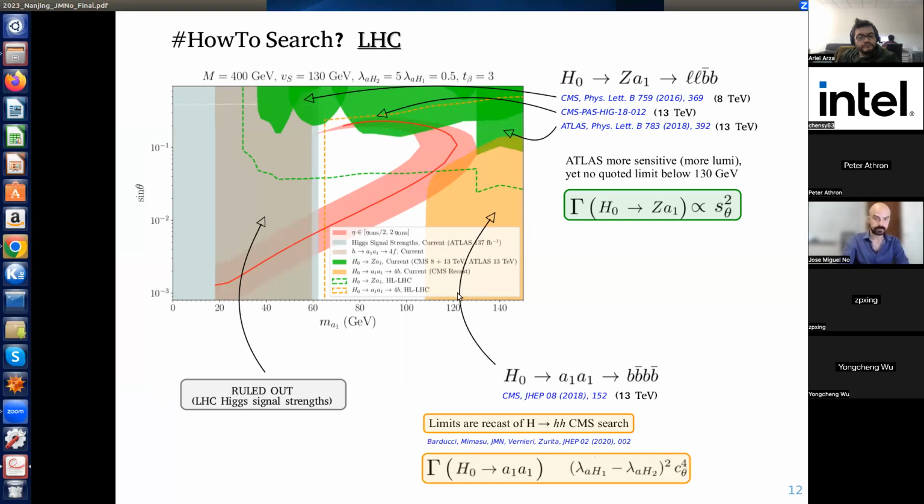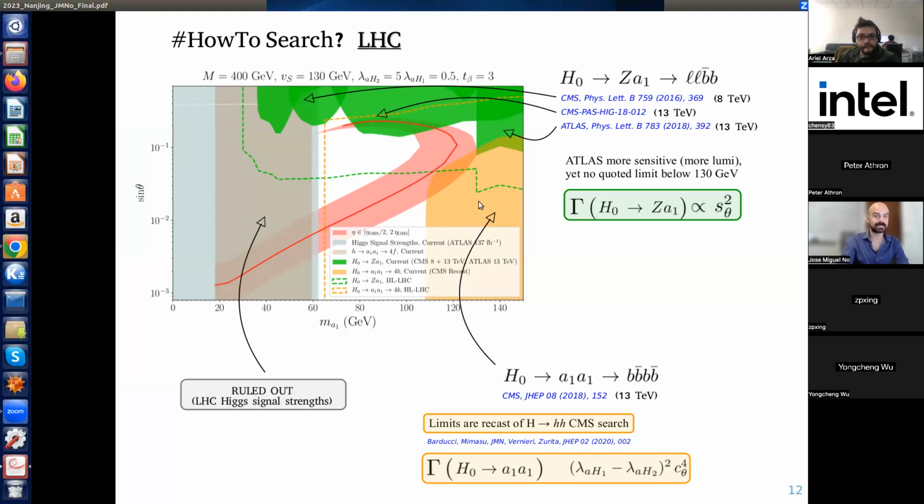However, it is possible to search for this light pseudoscalar also in cascade decays when the mixing angle goes to zero, because we can produce the H0 and it can decay to a pair of these light pseudoscalars, and unless the mixing angle is exactly zero, it will mix with the pseudoscalar doublet and decay back into the standard model.